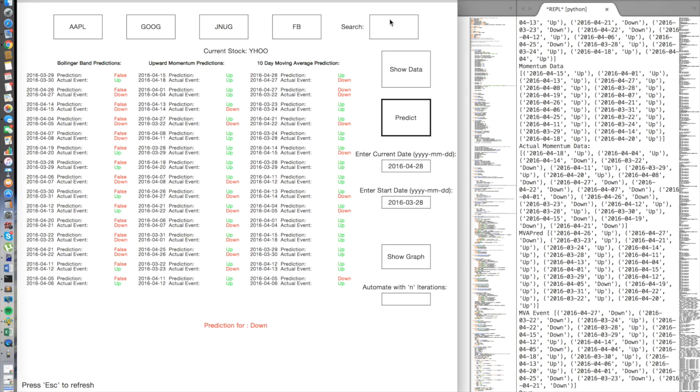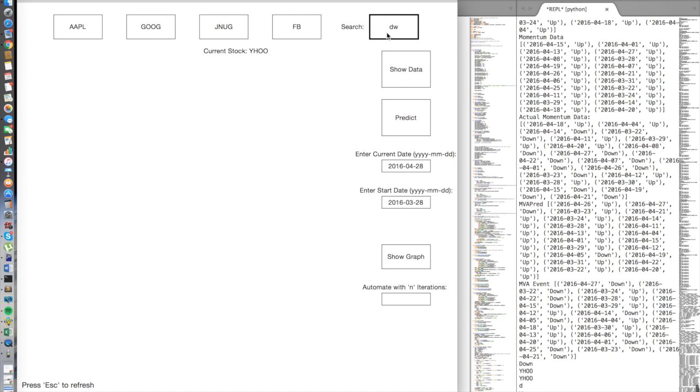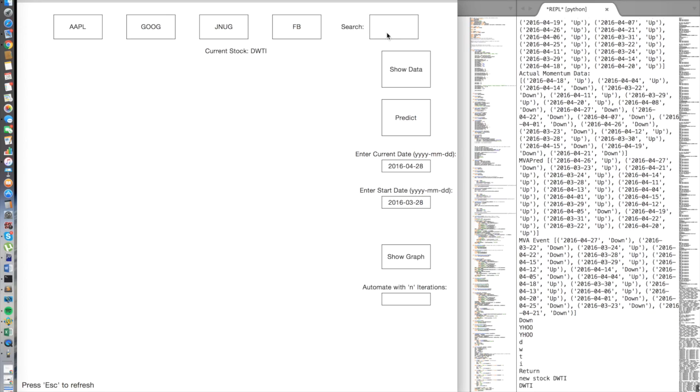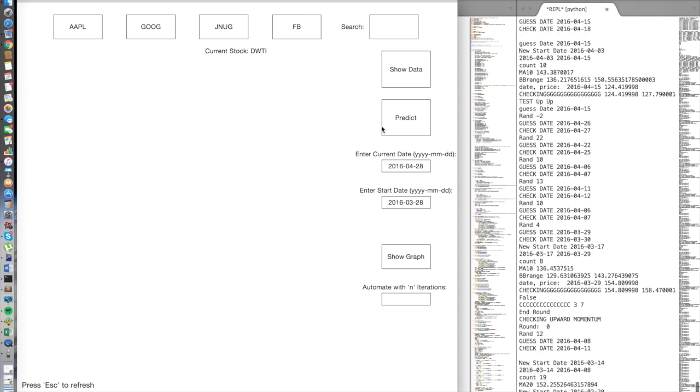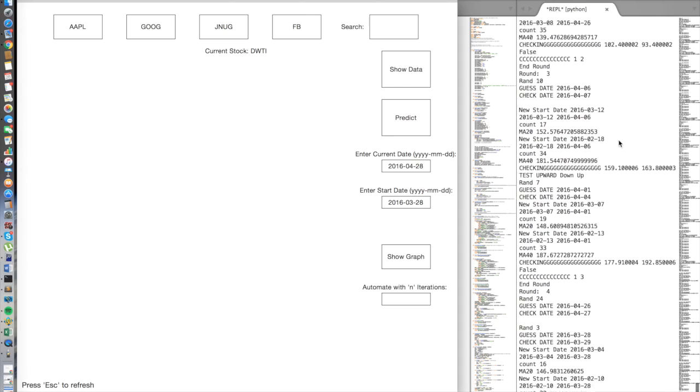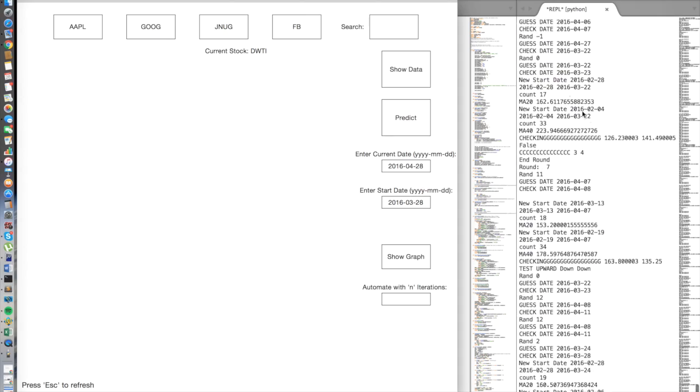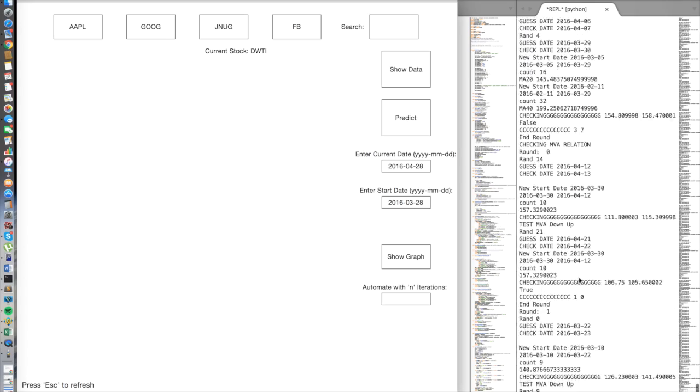For this stock, we can see a higher volatile one here, and we can see how this is affected. And just over on the right here are some algorithms they're running.